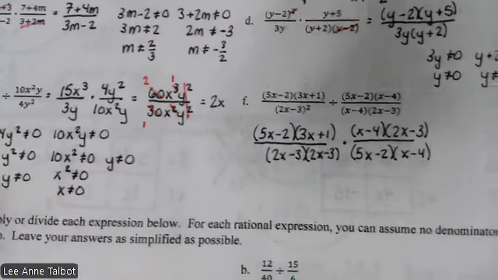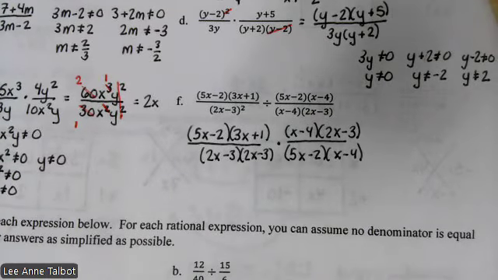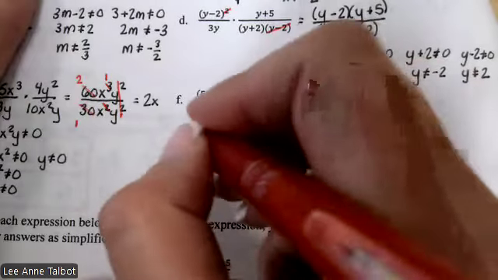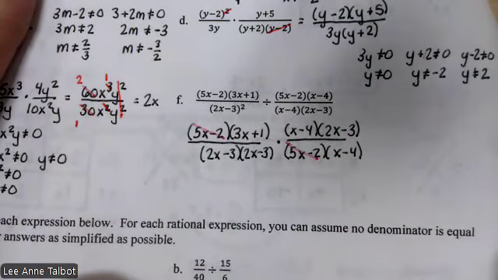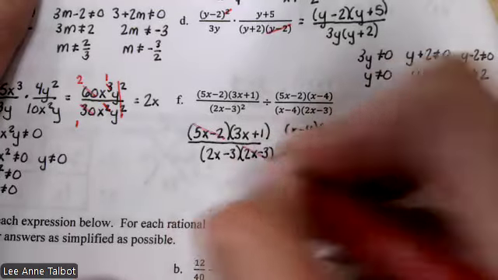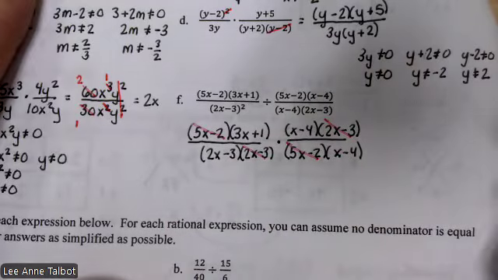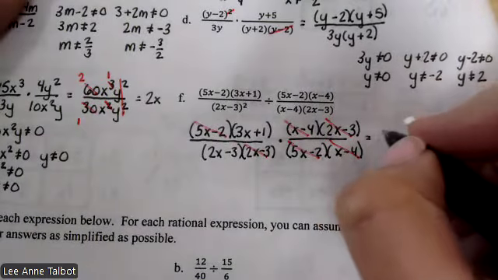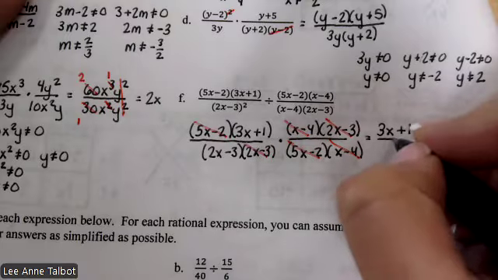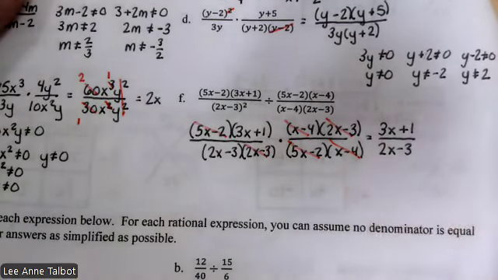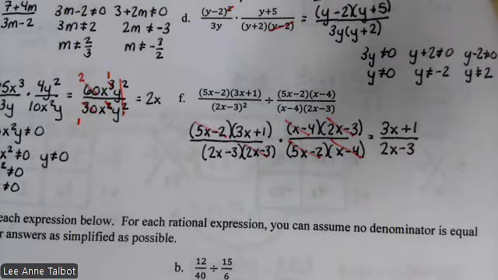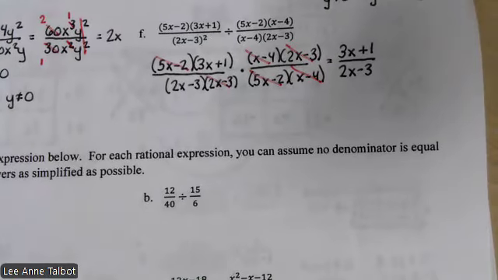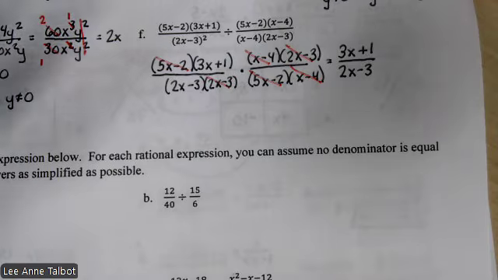But the excluded values are, it's bad. Okay, anyway, so 5x minus 2's make a 1. 2x minus 3's make a 1. X minus 4's make a 1. Okay, everybody good with that part? Satisfying.